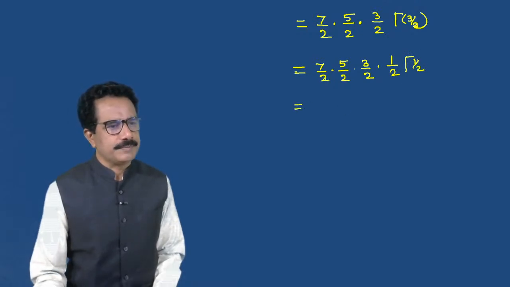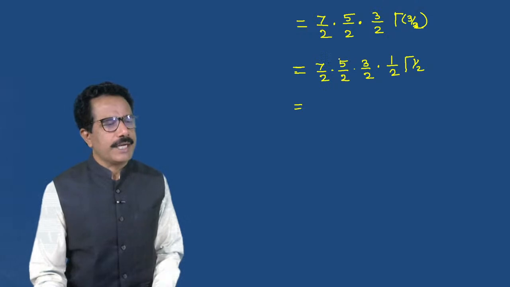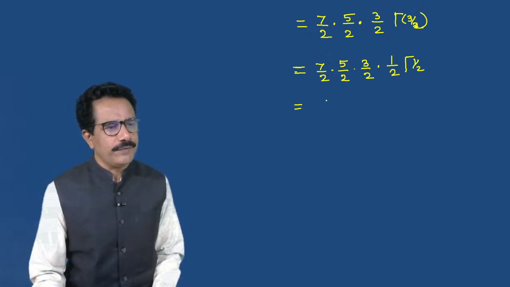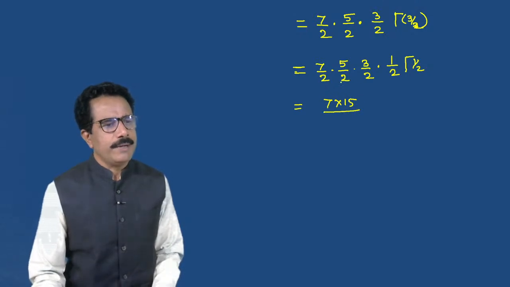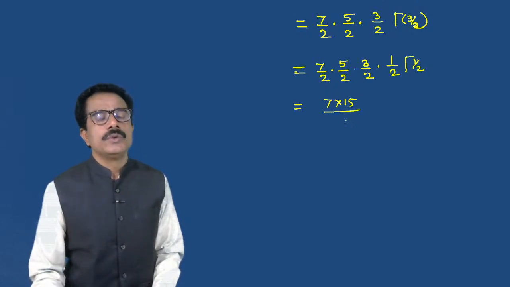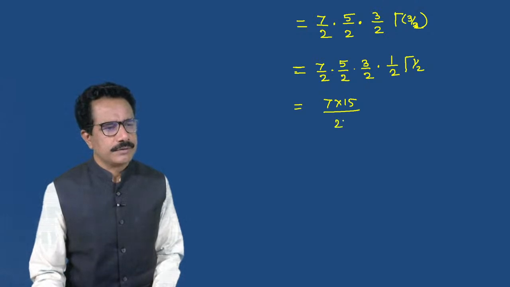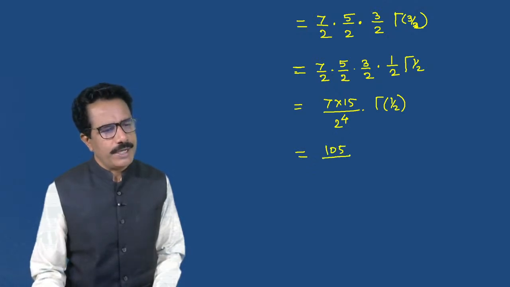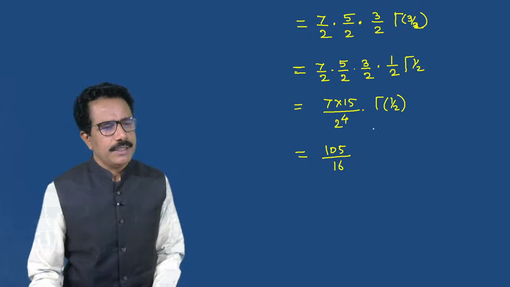That means 7 into 15 divided by 2 raised to 4, gamma 1 by 2. That is 105 divided by 16 times gamma 1 by 2, and gamma 1 by 2 is root pi.